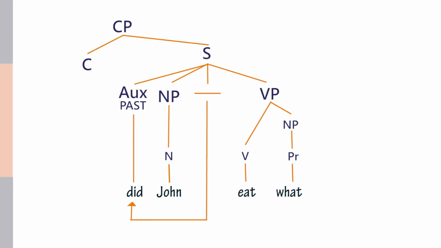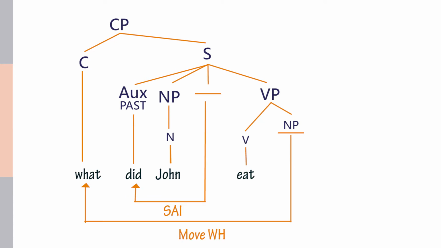And then the complementizer node is filled with what. We know that what was here, right? John ate what? Now we want to move this. So if you have a WH question and you want to account for the movement, this is how you do it. And don't get me started on why, because that would be a next level of analysis, which we're not getting into at this point.